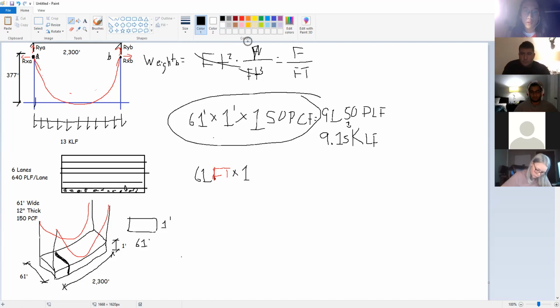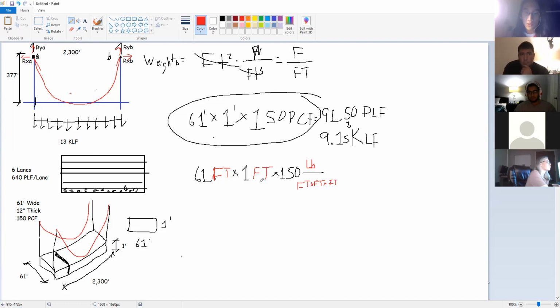61 feet, that's 1, and then you have foot. I'm going to draw in black the coefficients, and in red the units, what we're measuring in. So we have pounds up here, and cubic feet right here. Cubic feet is just feet times feet times feet.